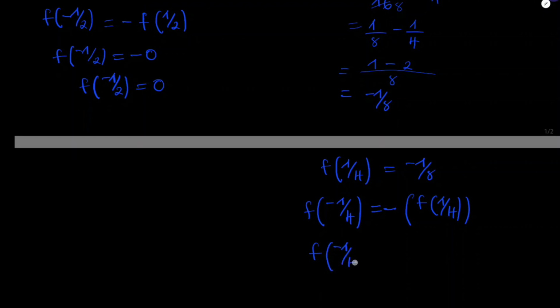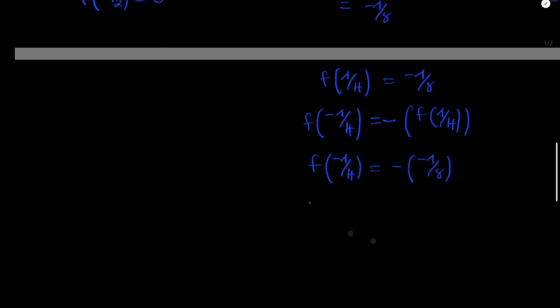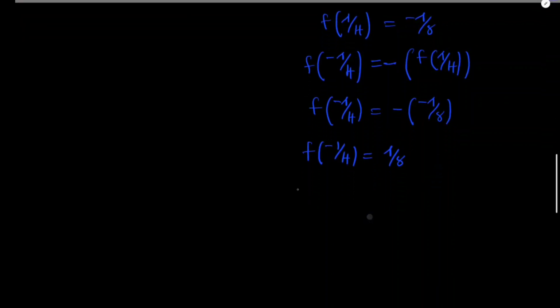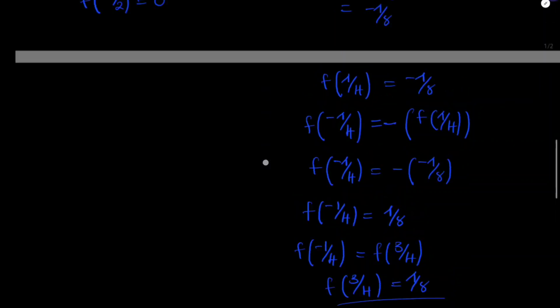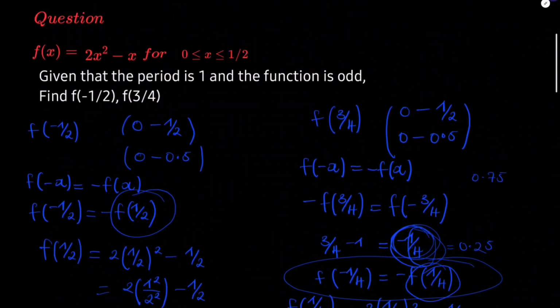So f(minus 1/4) is equal to minus times minus 1/8, which gives us 1/8. So from there, since f(minus 1/4) is the same as f(3/4), we can conclude that f(3/4) is equal to 1/8. Okay, so that is what we have.